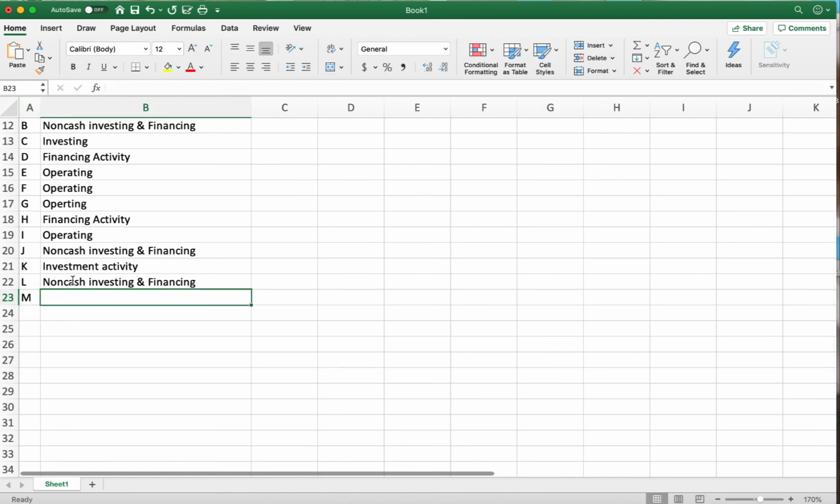M says sale of land at a loss. Again, I don't care about the value, right? Did I get cash? Sure did, because I sold land, right? So by selling land, where does that fall on our statement of cash flow?